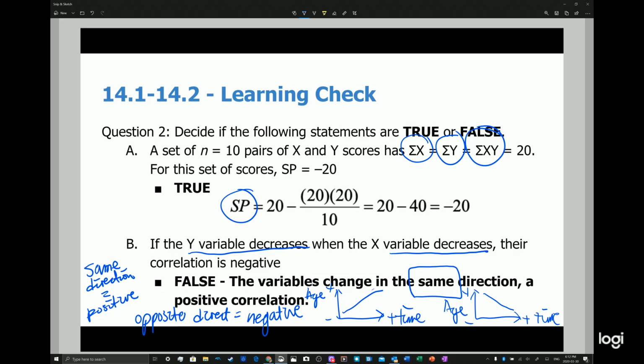Maybe use time and age, or height and shoe size, or something that you can check the correlation. Think back to your math in terms of calculating slope. Positive slope means positive correlation. Negative slope means negative correlation. A positive slope means both variables change in the same direction. A negative slope means that as one variable goes up, the other one goes down. They change in the opposite direction.